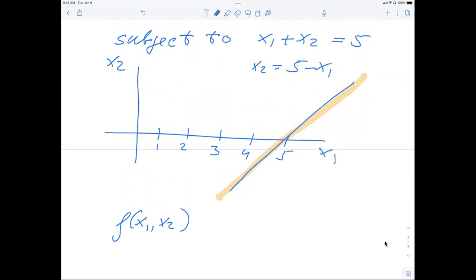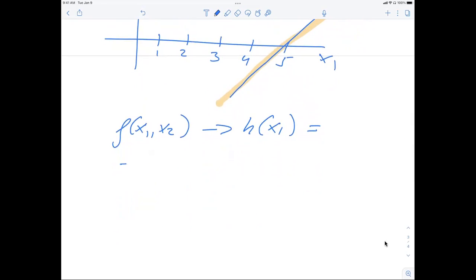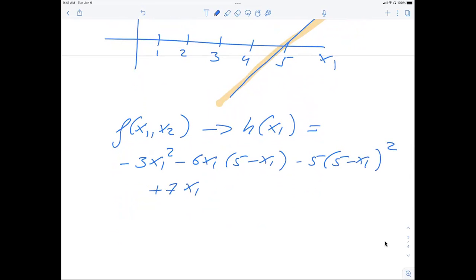Then we plug that into the function, so f of x1 and x2 becomes a new function h of just x1: minus 3 x1 squared minus 6 x1 times (5 minus x1), minus 5 times (5 minus x1) squared plus 7 x1 plus 5 times (5 minus x1).